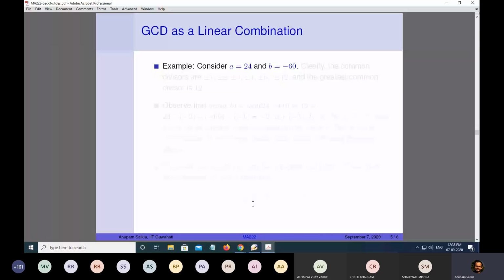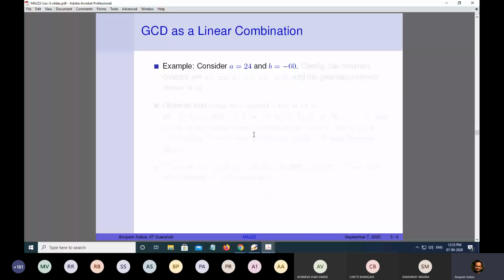Now let's see that the GCD is actually a linear combination of the integers that we are considering. Let me first give an example. By the way, all this might be too familiar to you, but we have to do it this way.